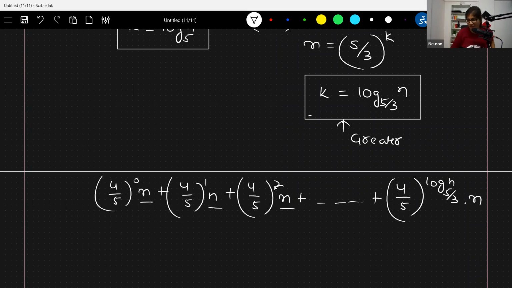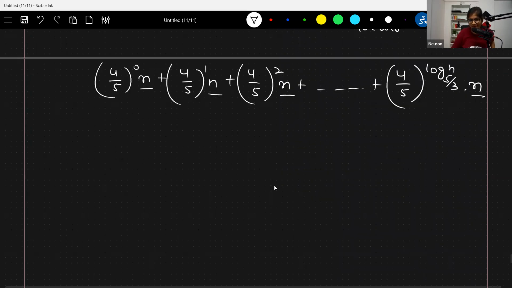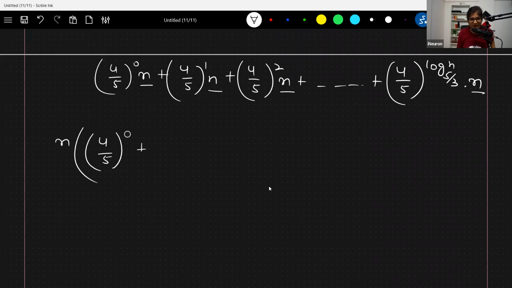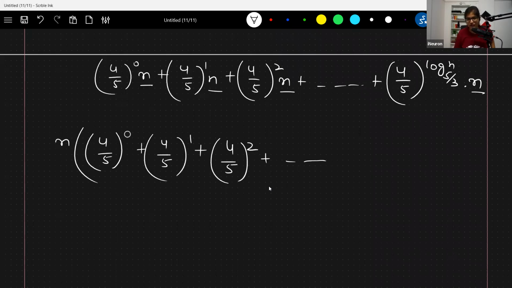Now, what is this series called? Who will tell me? Take n as common: (4/5)^0 plus (4/5)^1 plus (4/5)^2 until (4/5) to the power log of n base 5/3.